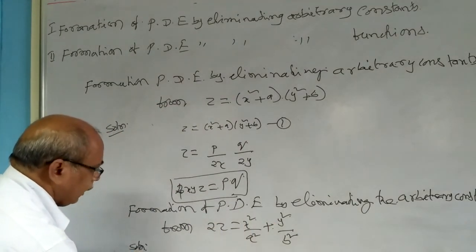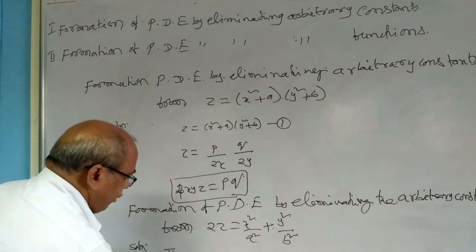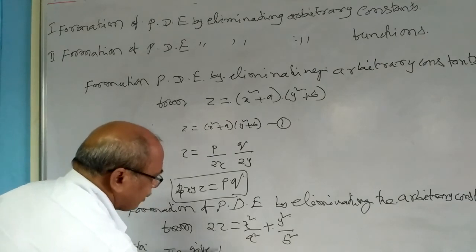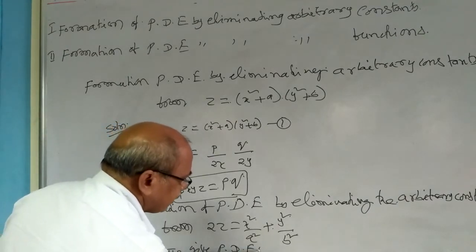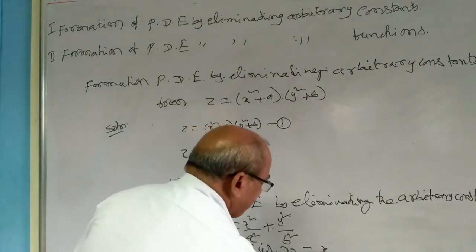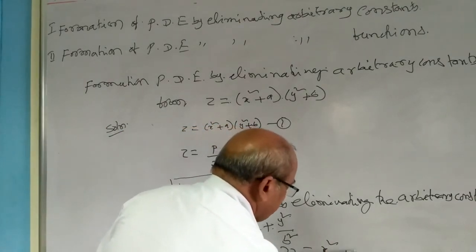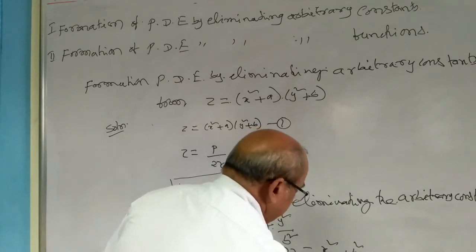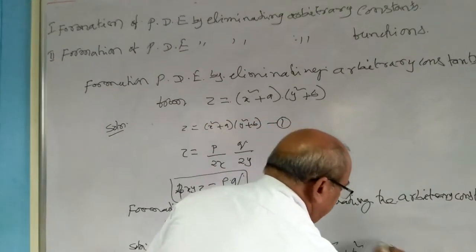Solution: the given equation is 2z = x²/a² + y²/b², that is equation 1.